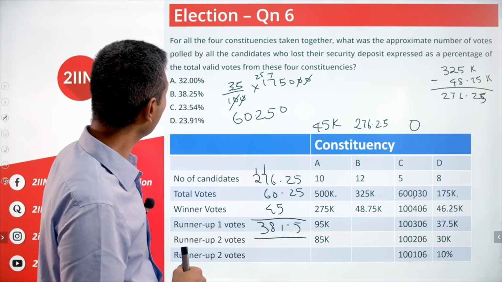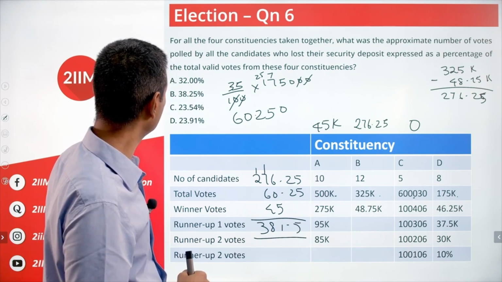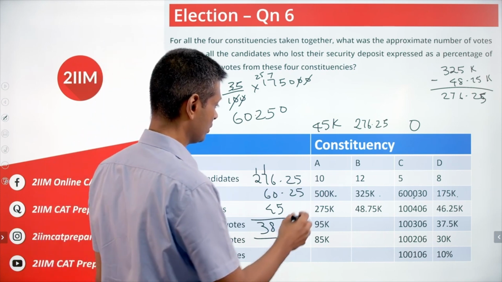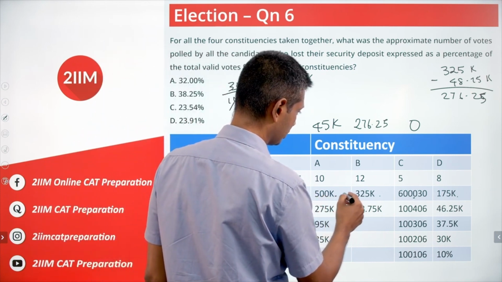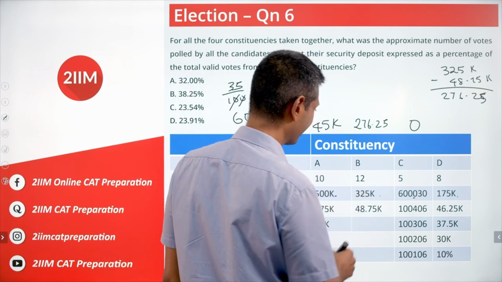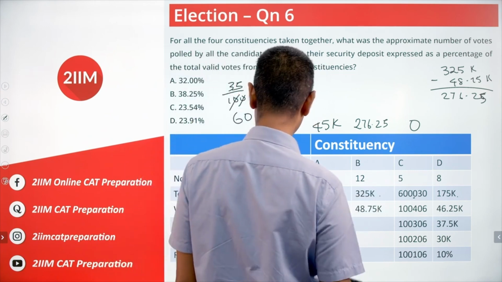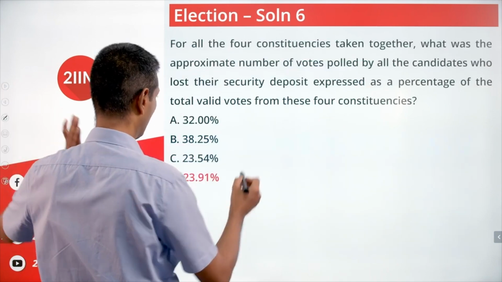And then what is the percentage of total valid votes? Total valid votes is 500, 325, 600, 175. Let's add all of that.